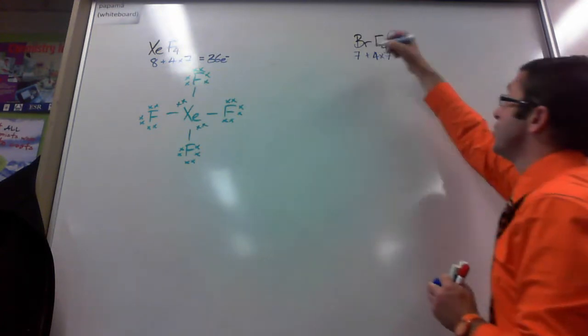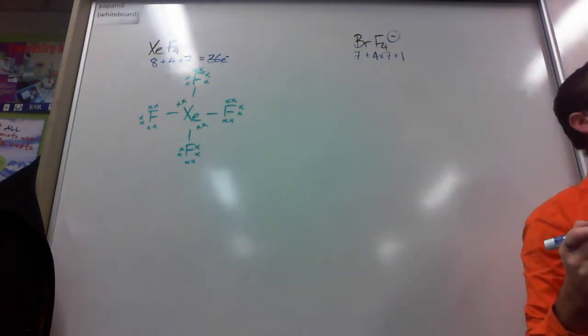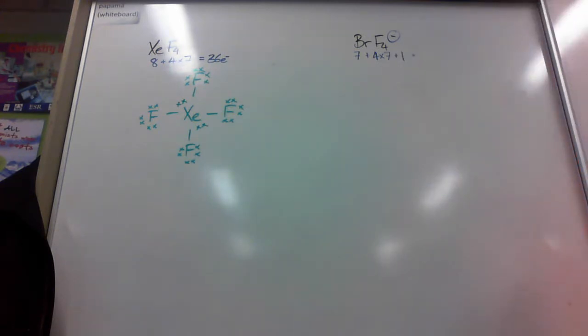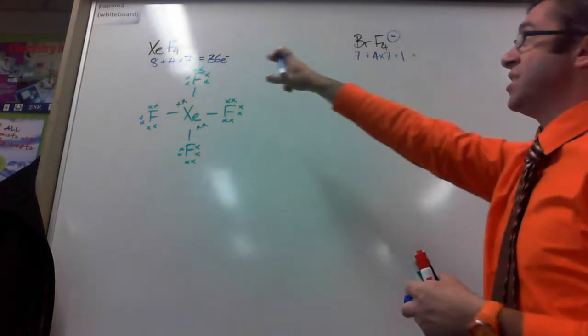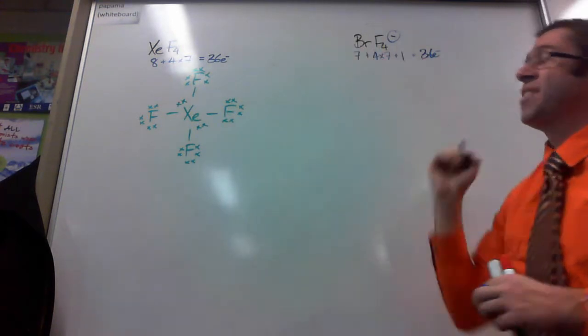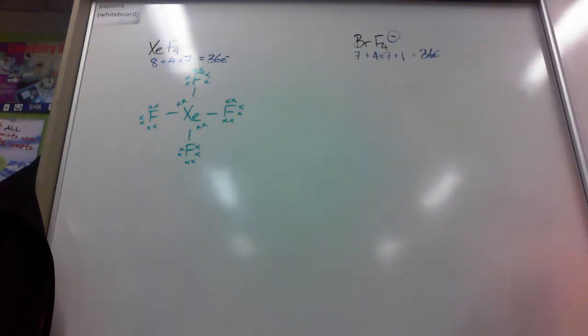And because of the negative charge, I'm going to add 1 more. So I'm going to end up again with 36 electrons like I have in xenon tetrafluoride. So it's actually going to look exactly the same. I've got 5 atoms, I've got 36 electrons. They're going to look exactly the same.